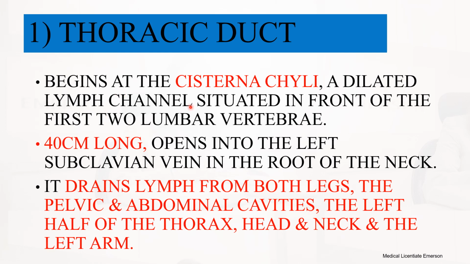This actually begins as the cisterna chyli, which is a dilated lymph channel situated in front of the first two lumbar vertebrae. It's about 40 centimeters long and opens into the left subclavian vein in the root of the neck. It drains lymph from both legs, the pelvic and abdominal cavities, then the left half of the thorax, head, neck, and the left arm as well.